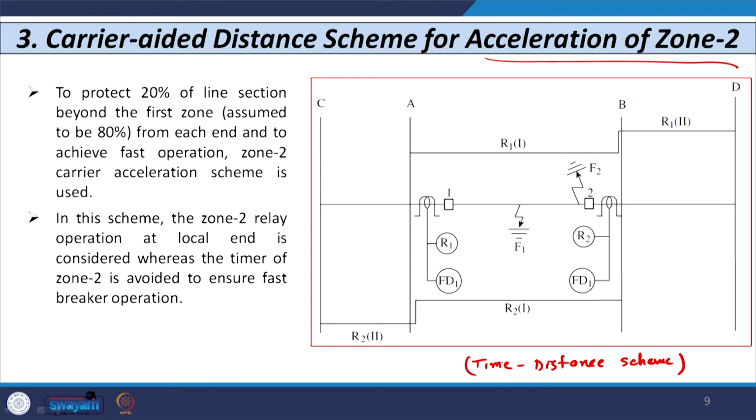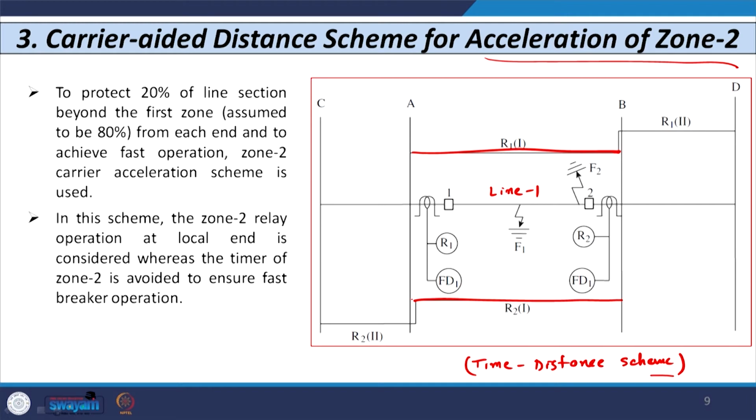Now, you can see that I have shown here a similar time distance diagram; the only difference is that the first zone I have extended almost up to 95 or 100% of the line to be protected. This is the line which we need to protect. Similarly, the first zone of relay R2 I have extended up to 100% of the line.